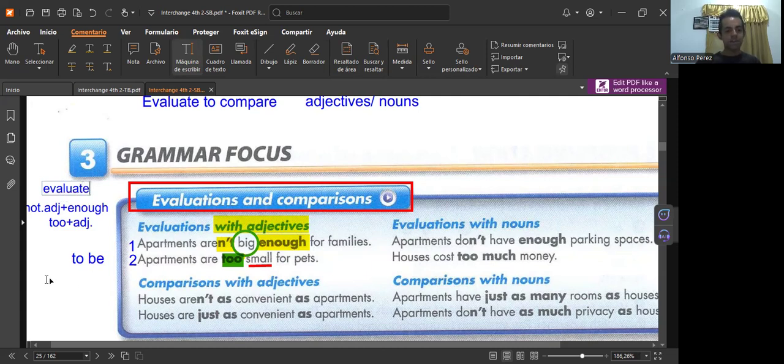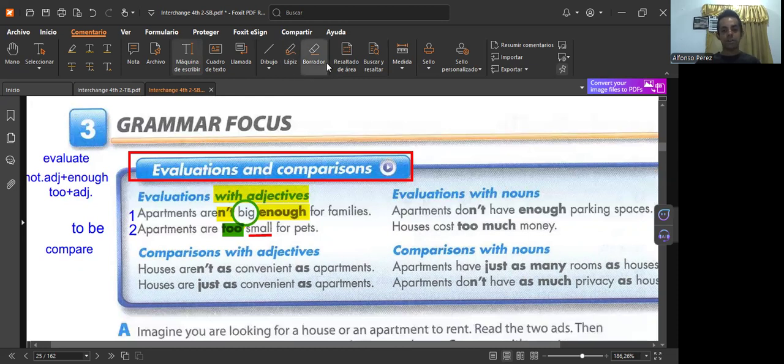But we compare with adjectives. When we compare, we use the structure as plus an adjective plus as. We put the conjunction as two times. And we use the word not in our comparison, attached to the verb be.